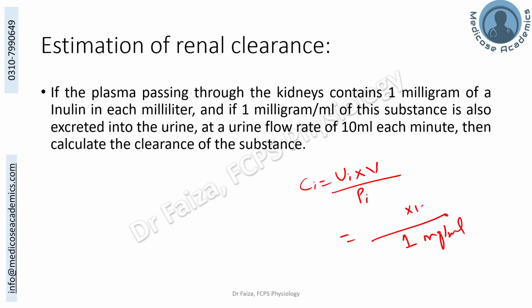Urine flow rate is 10 ml per minute. And 1 milligram per ml is the urine concentration. So its clearance would become 10 milliliters per minute. That is, in 1 minute, 10 ml of plasma is being cleared of this substance inulin.